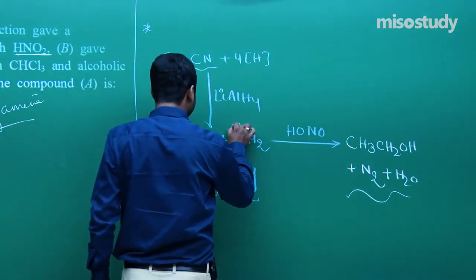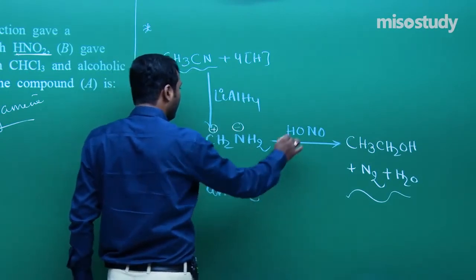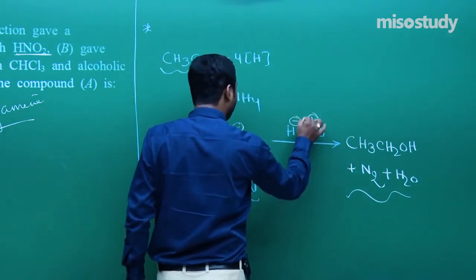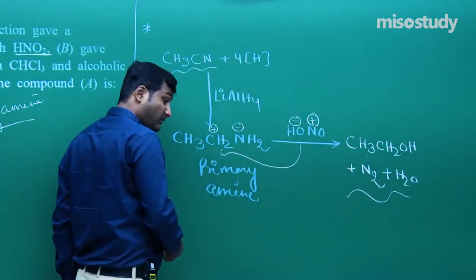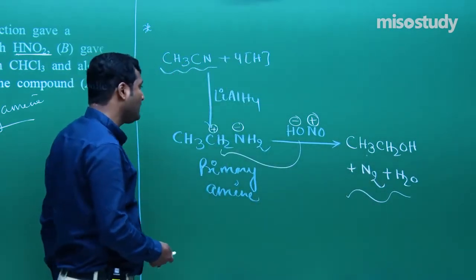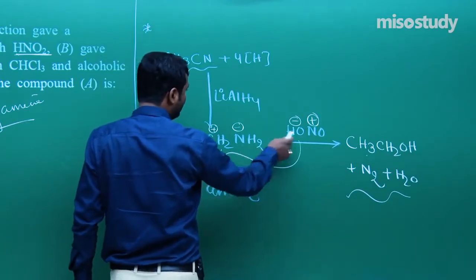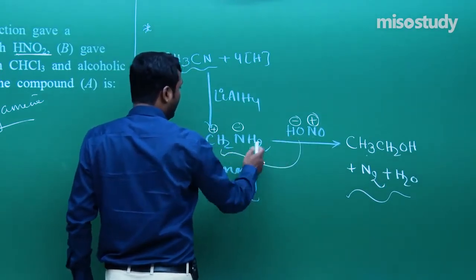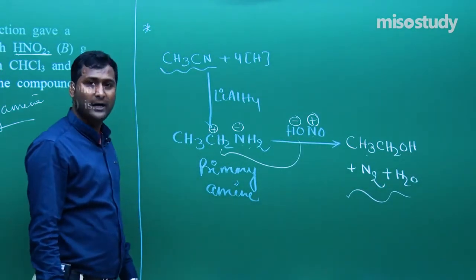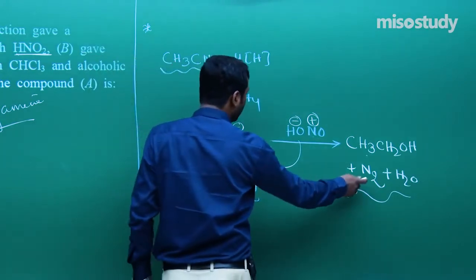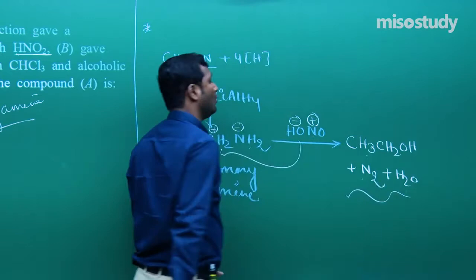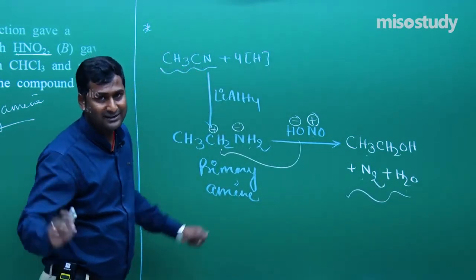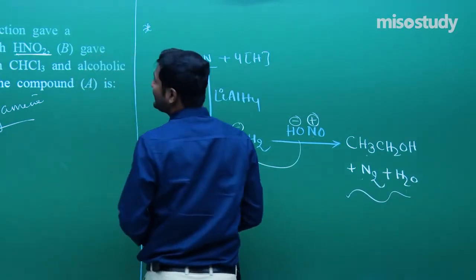Put a minus sign here, a plus sign here, a minus sign here, and a plus sign here. This will move here and form alcohol, that is, ethyl alcohol. NH2 and NO combine, and on decomposition give N2 and H2O, a more stable component. Clear? So now let's move.